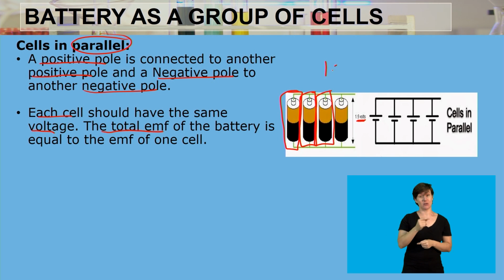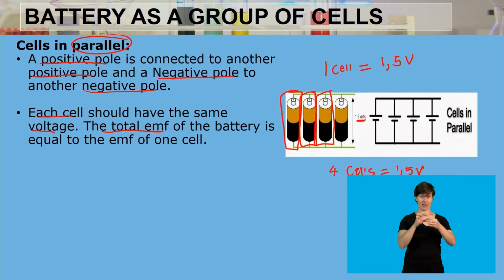So one cell is going to have an EMF of 1,5 volts, and we also have 4 cells in this case, so the sum of all those 4 cells will still be equal to the 1,5 volts. The statement says each cell should have the same voltage, and the total EMF of the battery is equal to the EMF of one cell. So the EMF of the entire battery is equal to the EMF of just one cell.